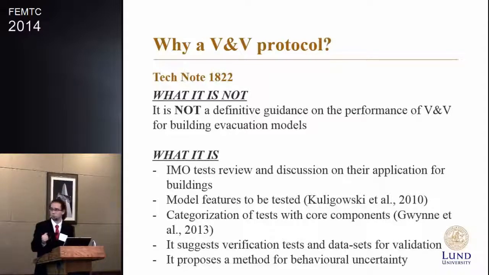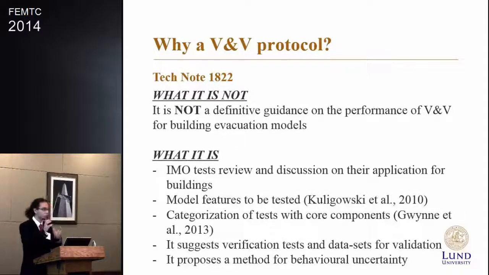that are inside evacuation models. And then another big issue is that these tests are generally very scattered. When you see this IMO test procedure, or also this RIMEA procedure, they really do a very good job for testing certain components, but it's a bit blurry for an average user to understand what is the logical flow of testing one feature instead of another. So what we did is to borrow the categorization that Steve, who is sitting here, did for the different core components within evacuation models.